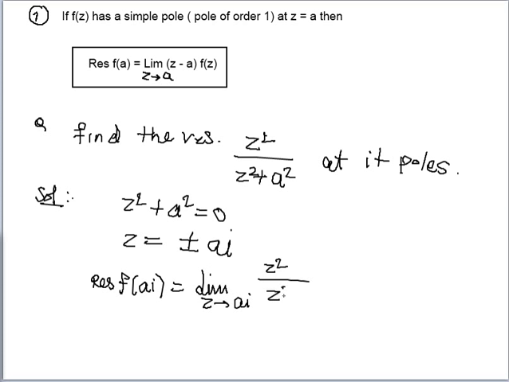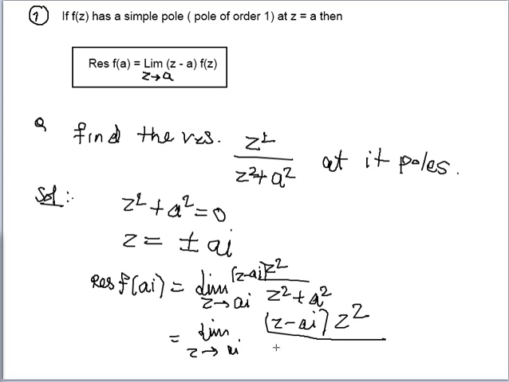At the place of a, our pole is a iota. Now again we can rewrite the denominator: limit z tends to a iota, the numerator has z minus a iota into z square, upon the denominator, which we expand as z plus a iota and z minus a iota. Now z minus a iota cancels, then what remains is z square upon z plus a iota.